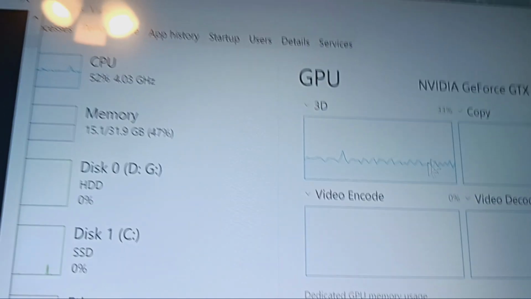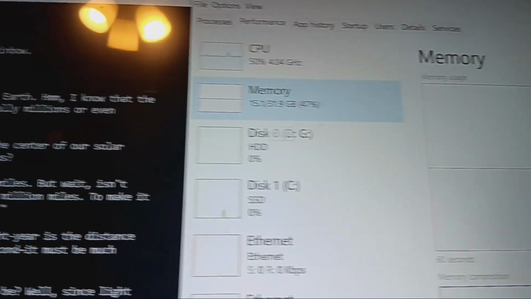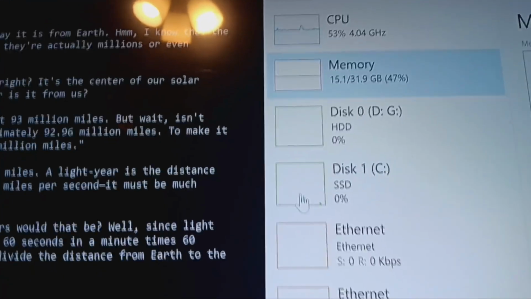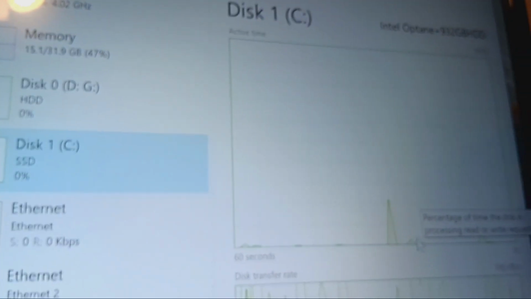And this is doing it on my PC. Here's the GPU usage, not even half. My CPU running at half. Again, this is a cheapy PC. My RAM is halfway. Look at the disk activity. My disk 1, which would be my C drive. Nothing.